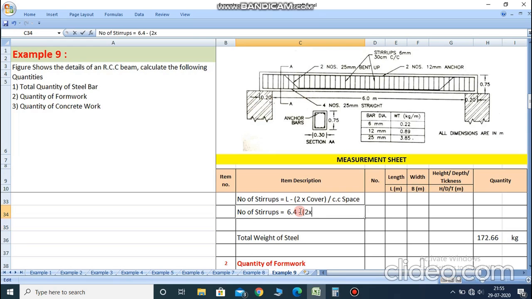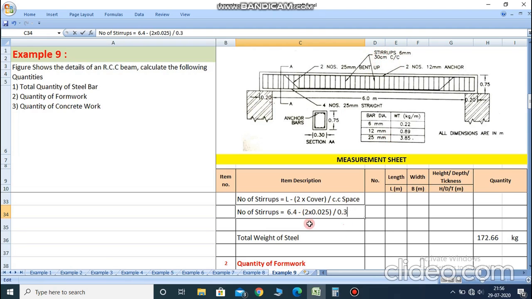Here the cover thickness is 2.5 centimeters, so 2 times is 0.05, divided by center to center spacing. The center to center spacing given in the figure is 30 centimeters, which is converted into meters.